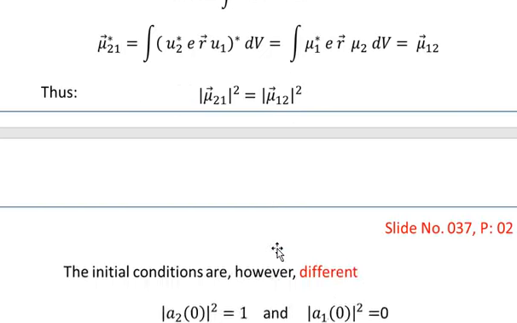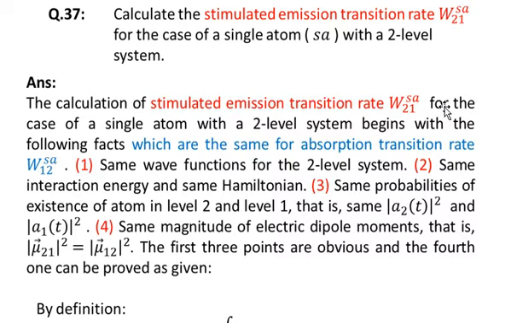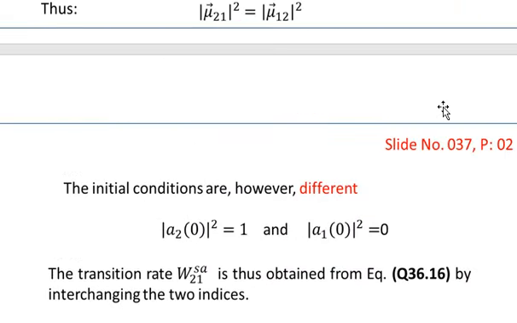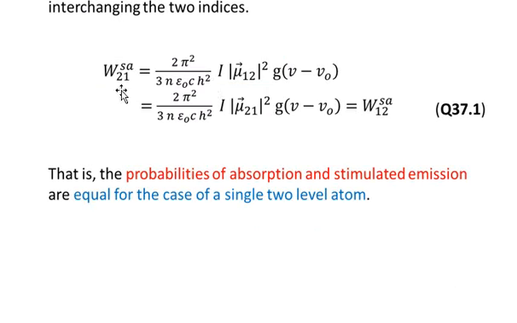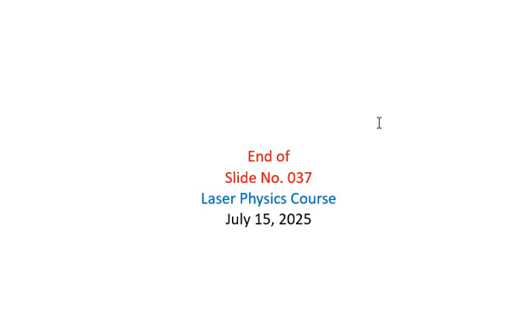We wanted to calculate the stimulated emission transition rate W21, and we have found that it is equal to the absorption rate. So this is the end of slide number 37.